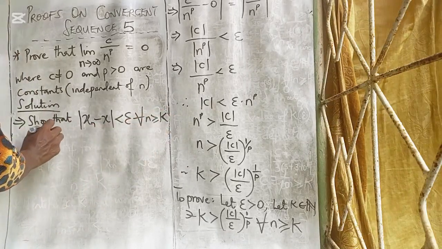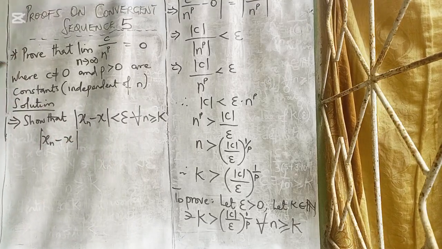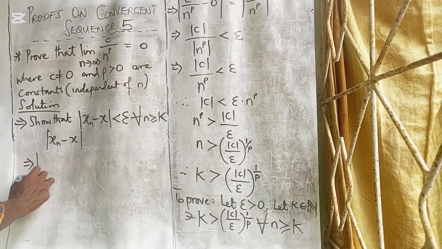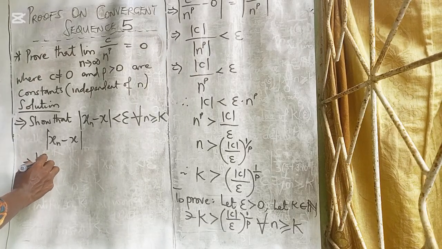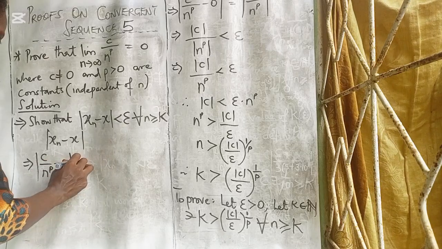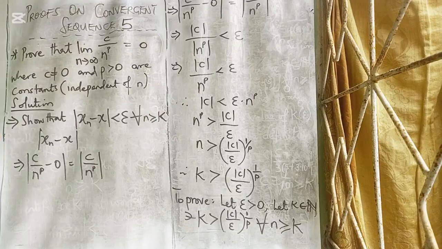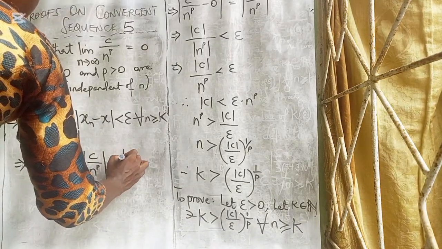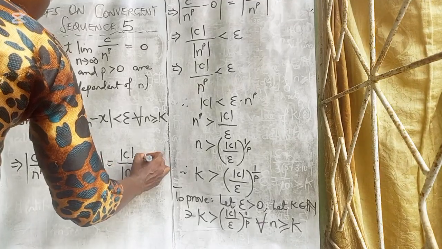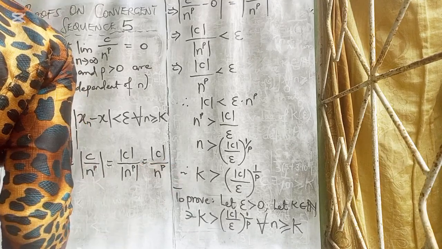So we are going to begin from xn minus x. Again, what's our xn? That gives us c over n raised power p minus 0, and that is c over n raised power p. By the time we break that down, we have the absolute value of c over the absolute value of n raised power p, and that gives us the absolute value of c over n raised power p.